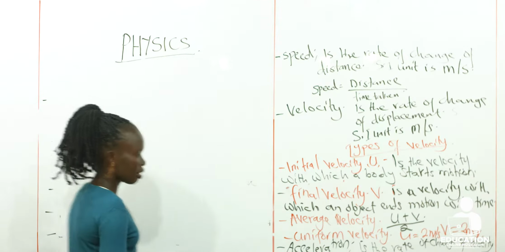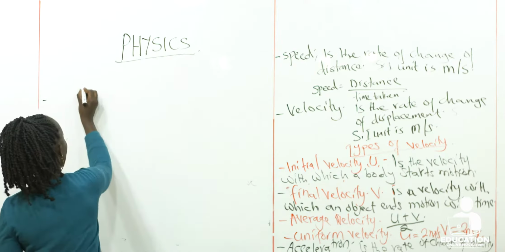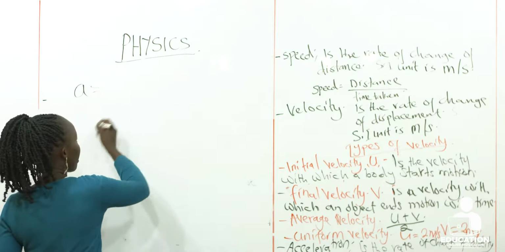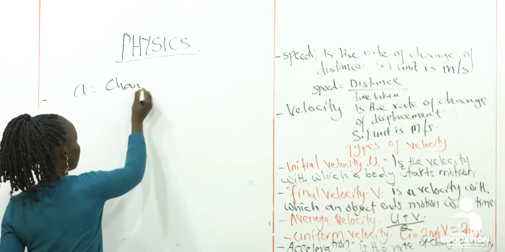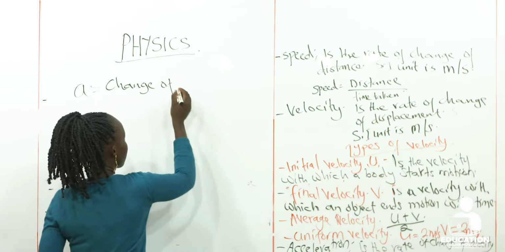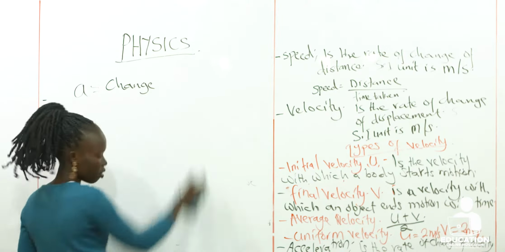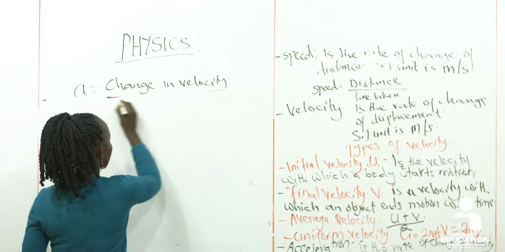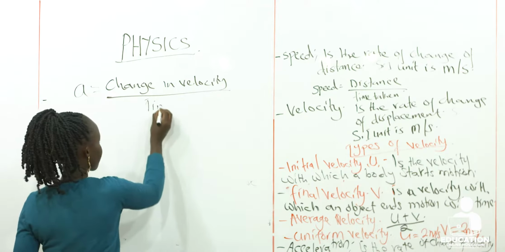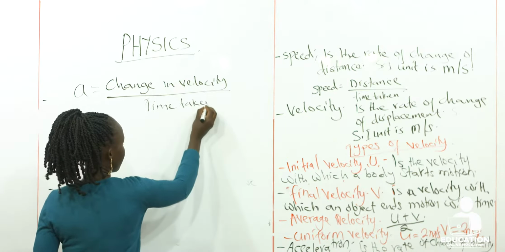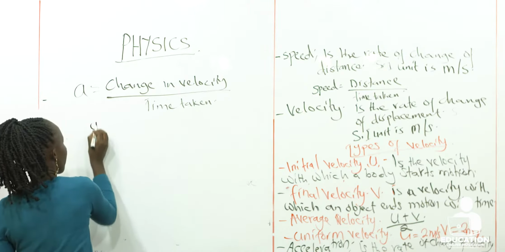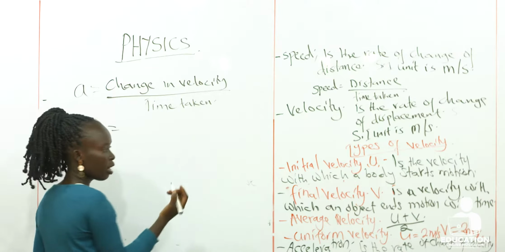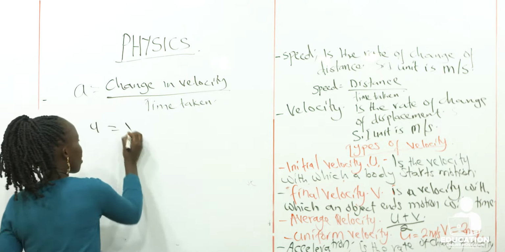So since it is the rate of change, our acceleration, which is always abbreviated as a, is equal to the change in velocity over the time taken. So a is equal to the change in velocity, which is the final velocity minus the initial velocity.